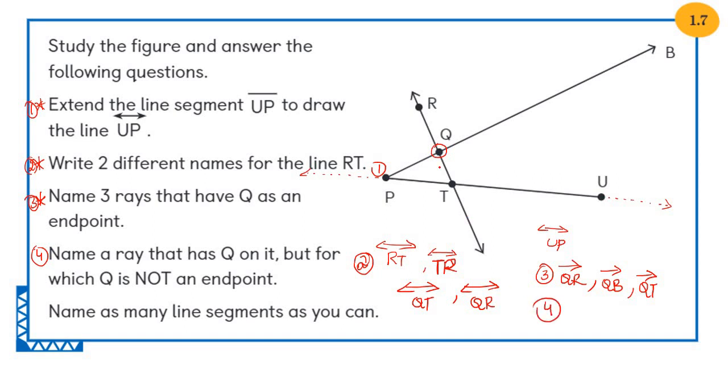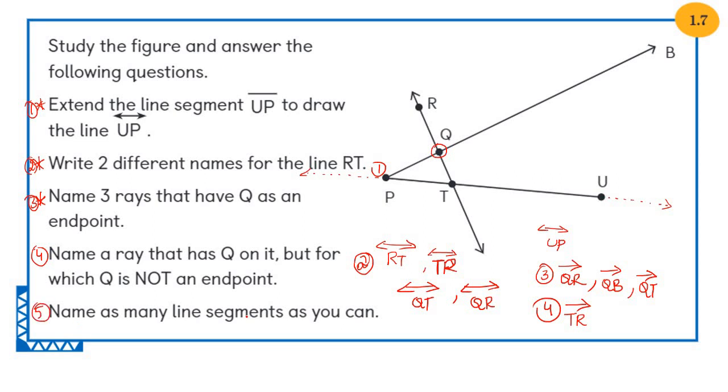What is that ray? Yes, ray TR. Q is there on that ray, but Q is not an endpoint. What is the endpoint here? T. T is the endpoint. Next.